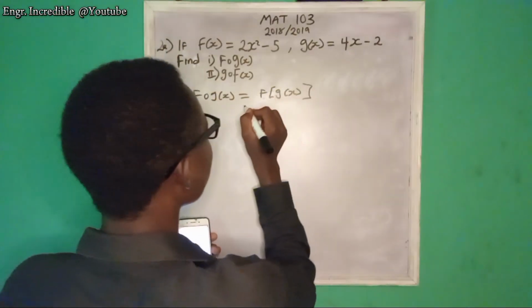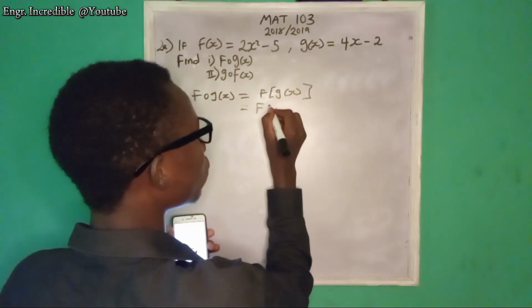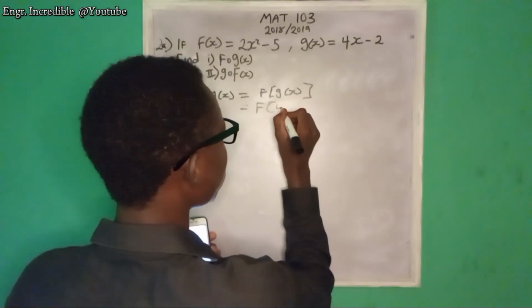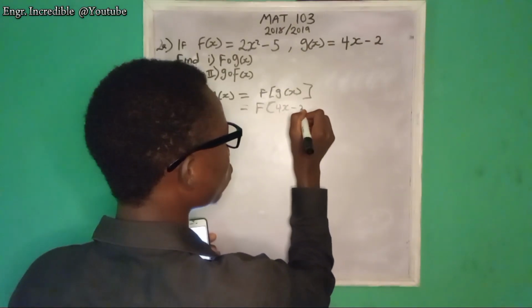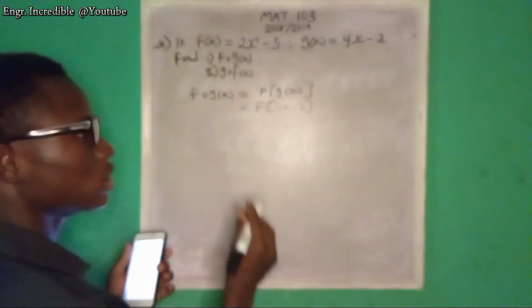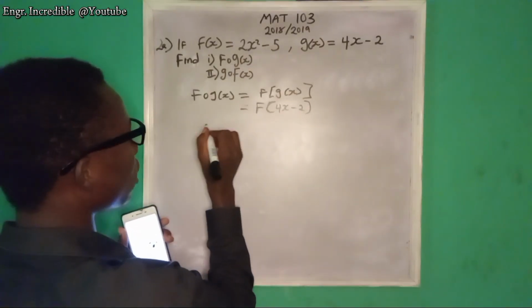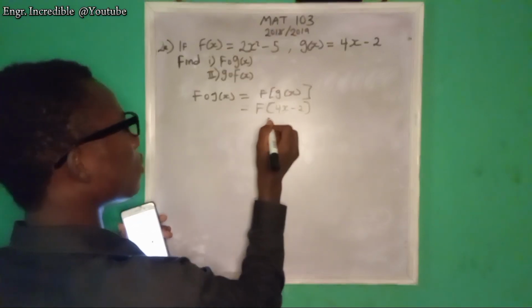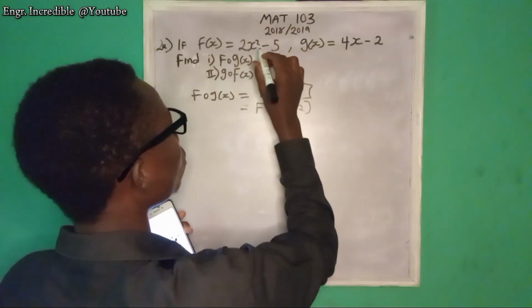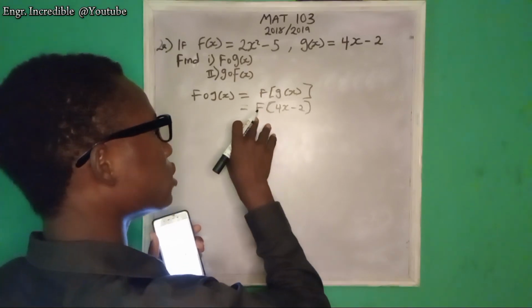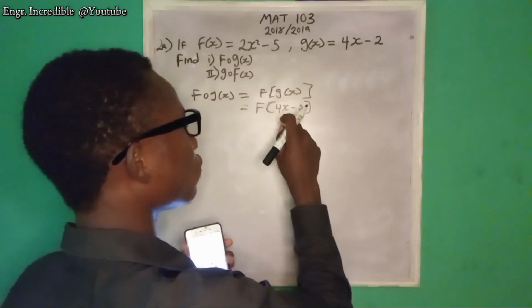So therefore, this is the same thing as f of 4x minus 2. So this is what we are looking for. We have our f of x equal to 2x squared minus 5. When we are doing function, they told us to find f of 4x minus 2.